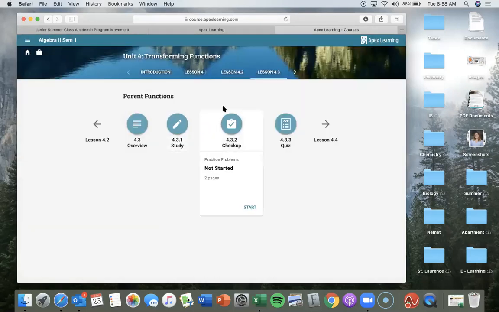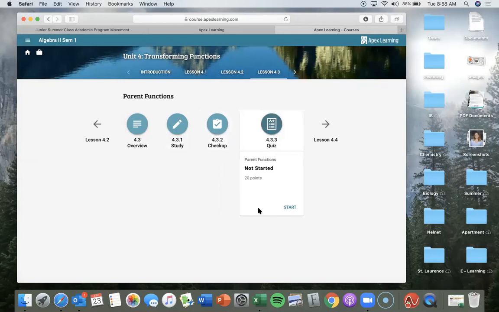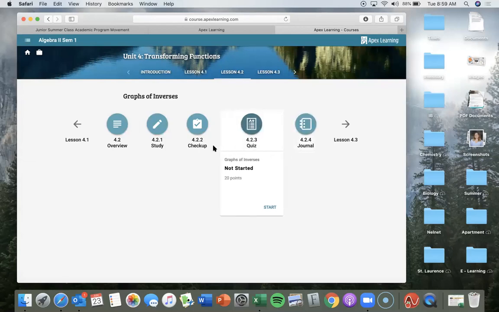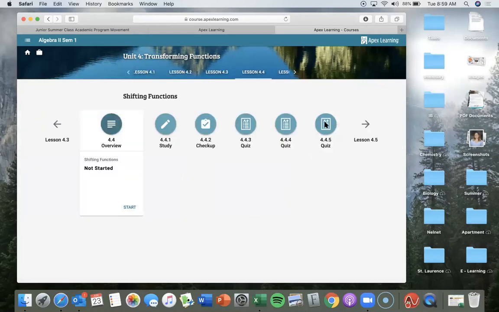For this one, you only have this one quiz for this unit, and then you had only one quiz for graphs of inverses. So right now you're at two quizzes.